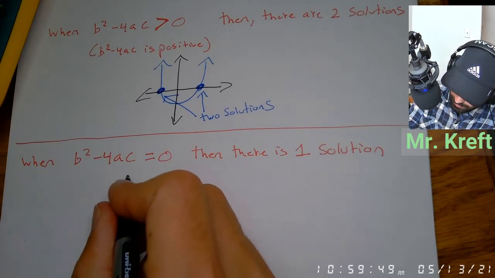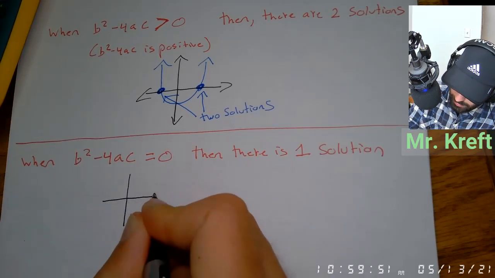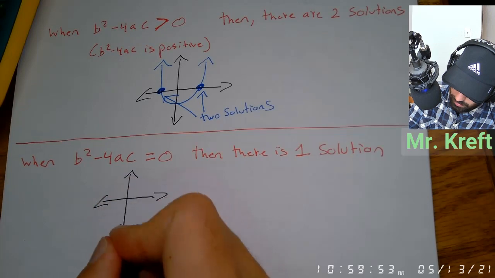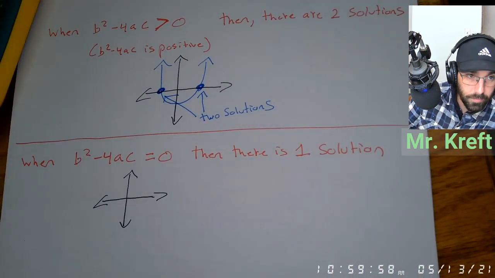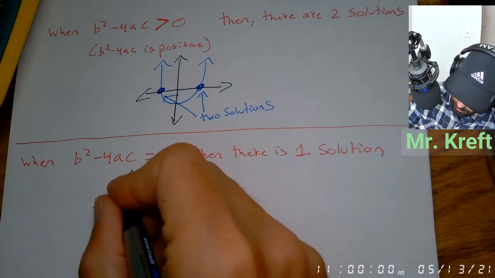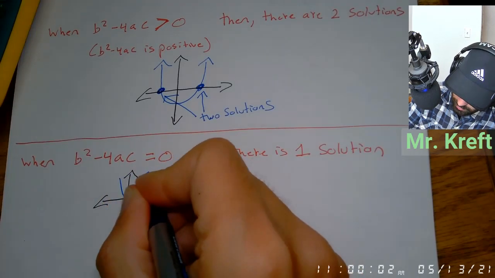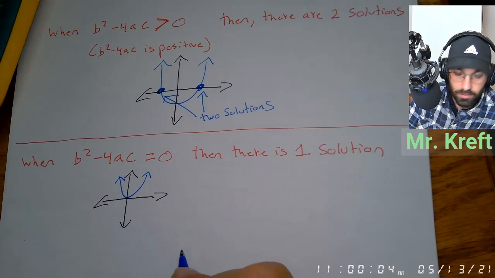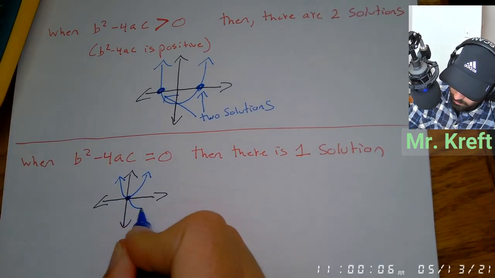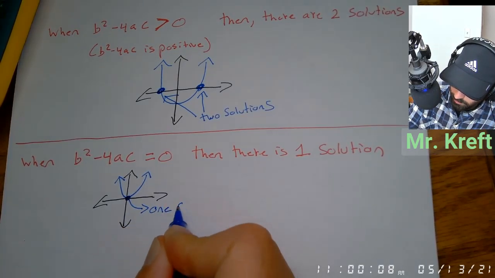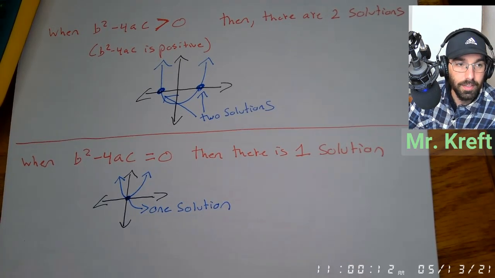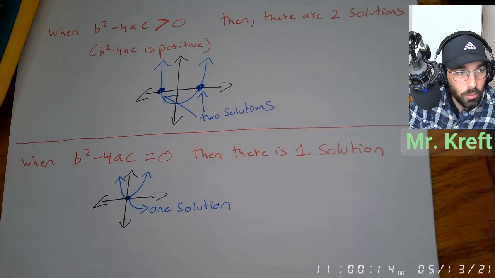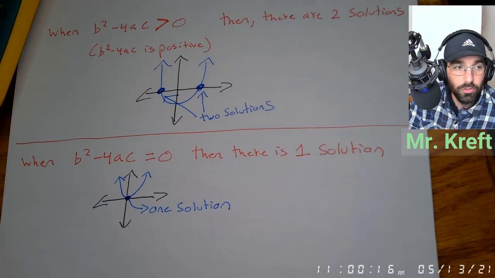So what does this look like graphically? Again, it doesn't have to be anything crazy. It's just a visual representation to help us understand what we're doing. This is when the graph touches the x-axis once. So when the discriminant equals 0, we only have one solution.